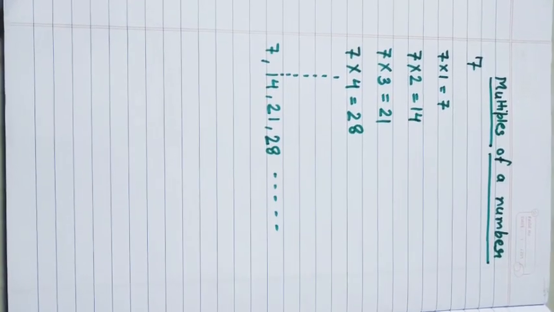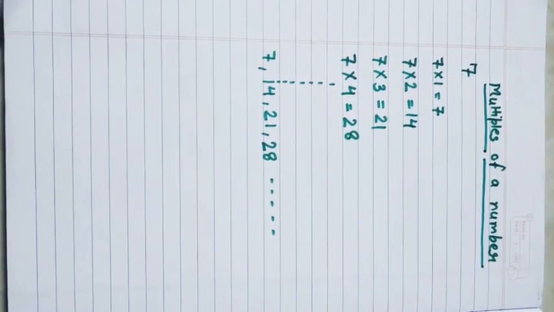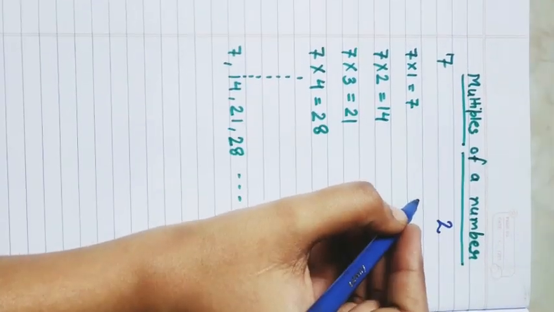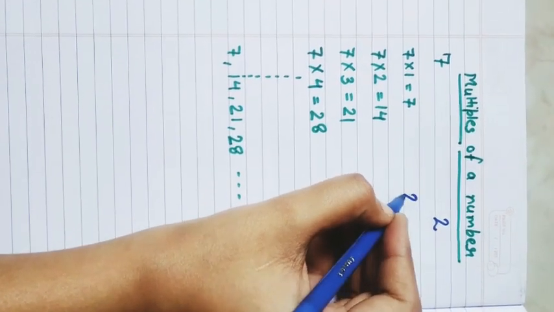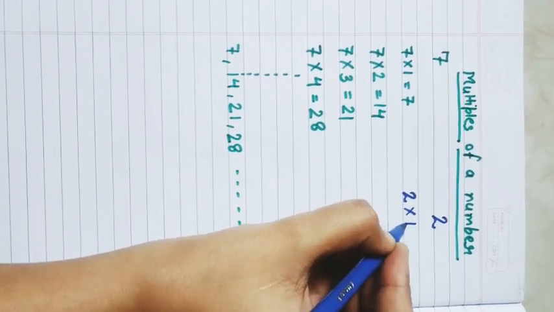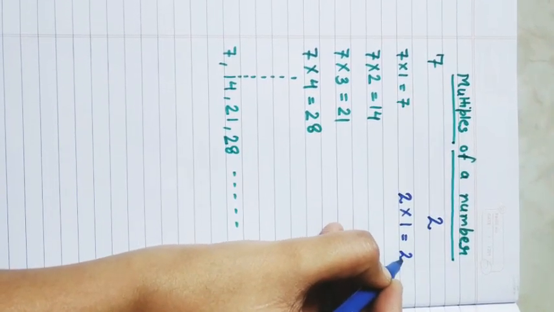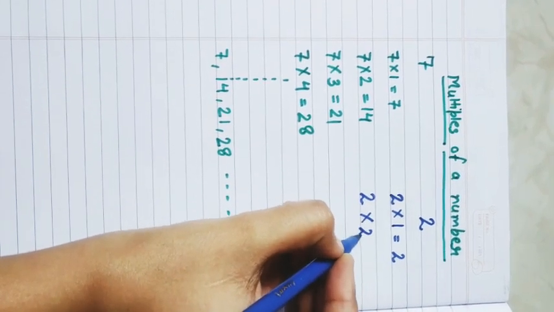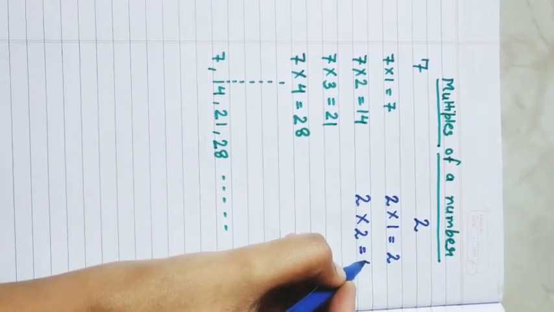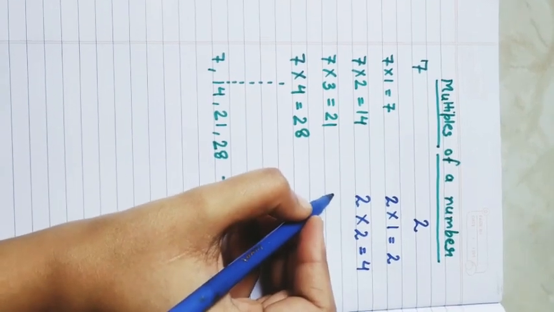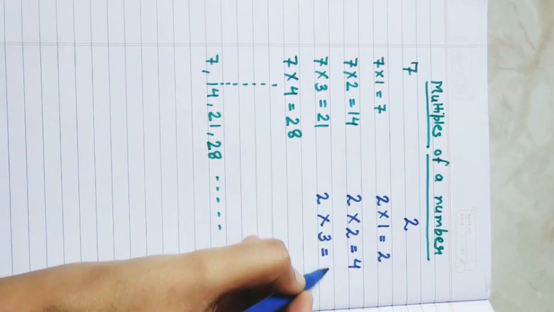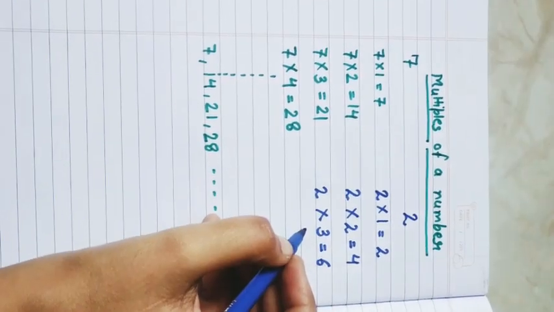So students, let us find the multiples of 2. Two times 1 will be 2. 2 times 2 will be 4. 2 times 3 will be 6.